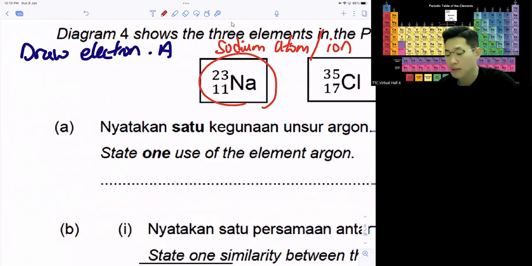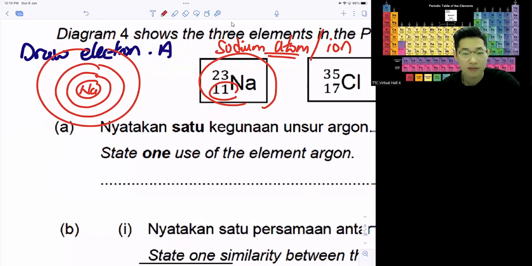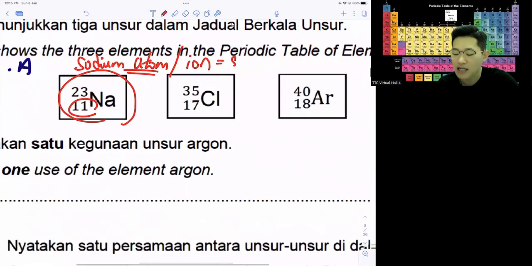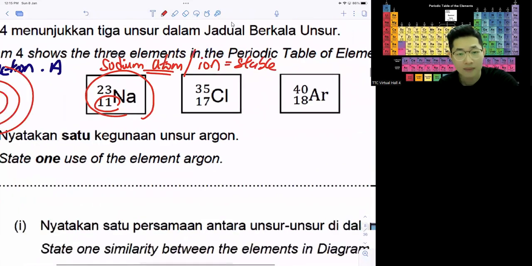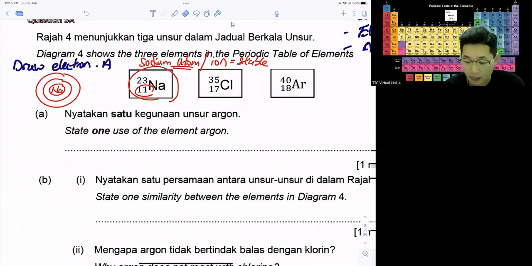If they want you to draw a sodium atom, then simple: 2, 8, 1, you just draw 2, 8, 1. Must have a nucleus and then 2, 8, 1. That is the electron arrangement of a sodium atom. But whenever they want an ion, it means already stable, then it cannot be 2, 8, 1. It has to be 2, 8.